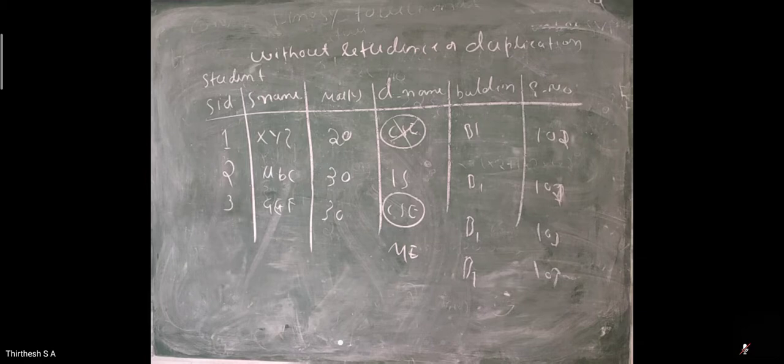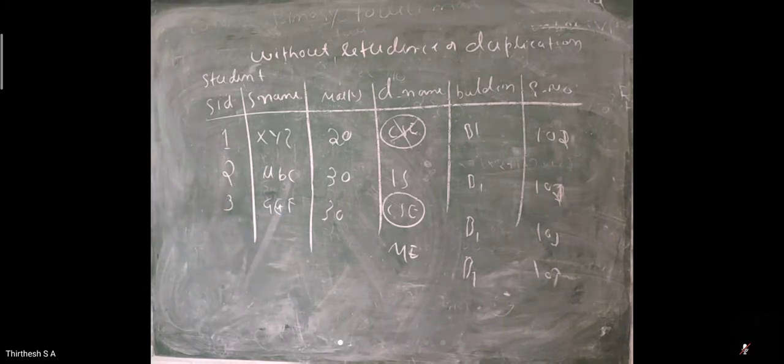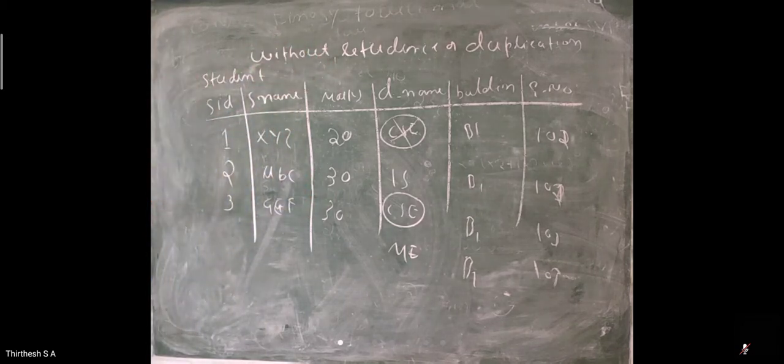This is where normalization works. Normalization is the process of removing redundancy. The process of removing redundancy is known as normalization.